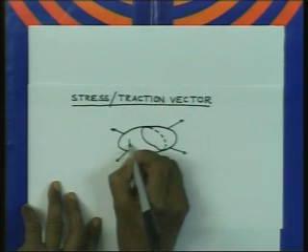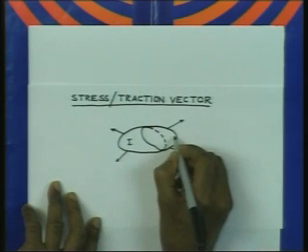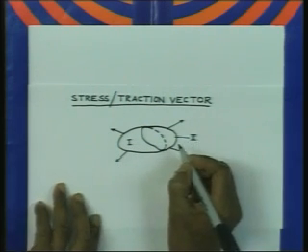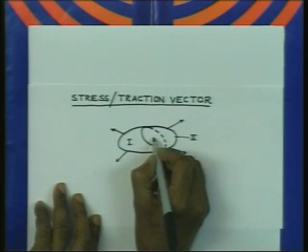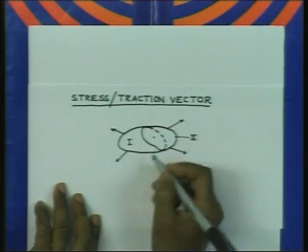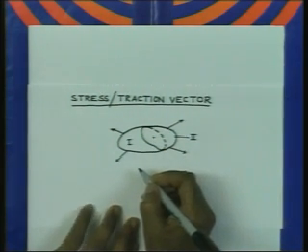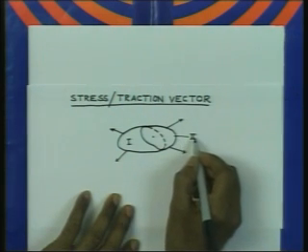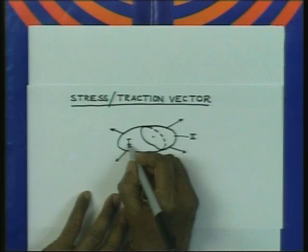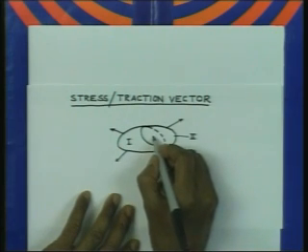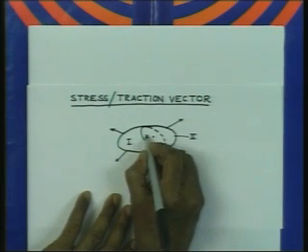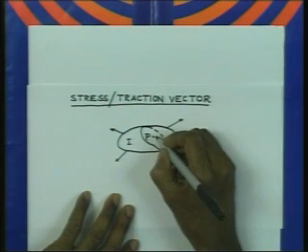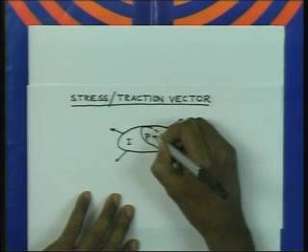It has now got divided into two parts, 1 and 2. Typically, if we consider a point on this surface, the force applied by part 2 on part 1 at this point P will have a typical magnitude and direction.